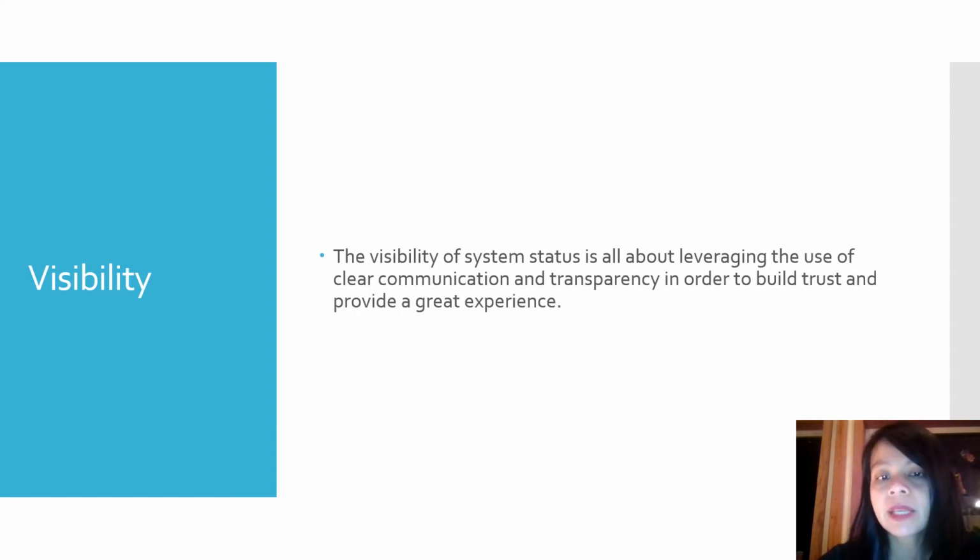The visibility of system status is all about leveraging clear communication and transparency in order to build trust and provide a great experience for your users. So you don't want to hide things from them. You want to give as much information as possible, but mind you, not too much, because too much information is overwhelming and distracting.